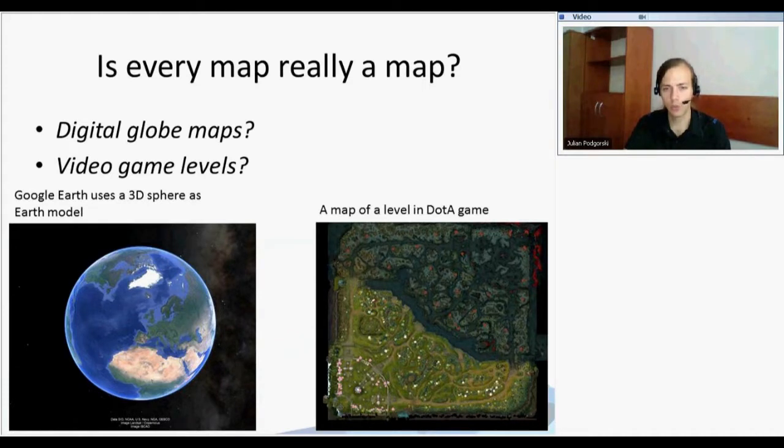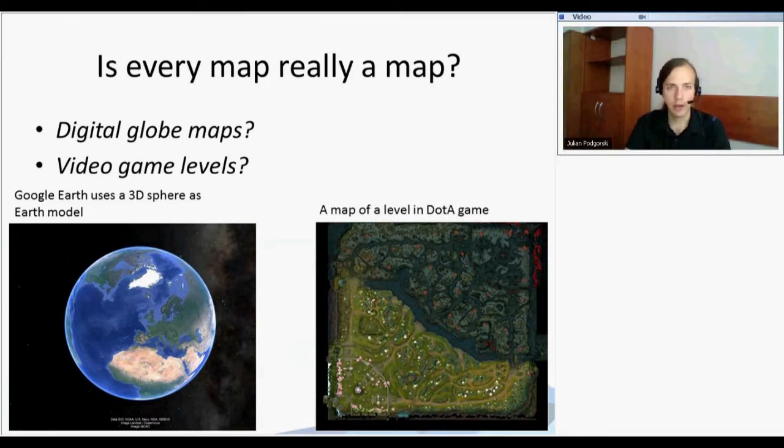The only thing that could be called a map in a computer game is this little mini-map at the bottom that tells you where your character is located, where the other characters are, where the rivers are in this playing level. Then it is a kind of map since it represents the playing field, the play area, with use of, in a kind of scale, with use of graphical symbols like red dots for friendly or enemy soldiers, I don't know. But the very thing itself is rather not a map.